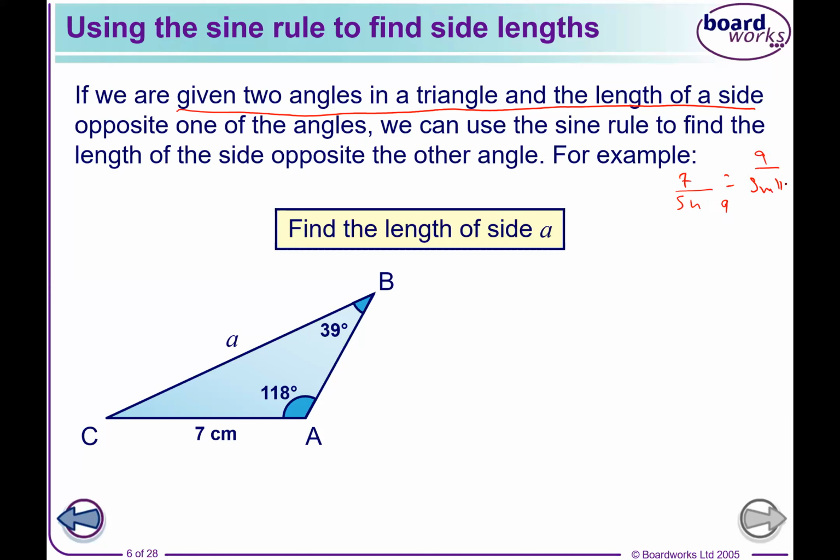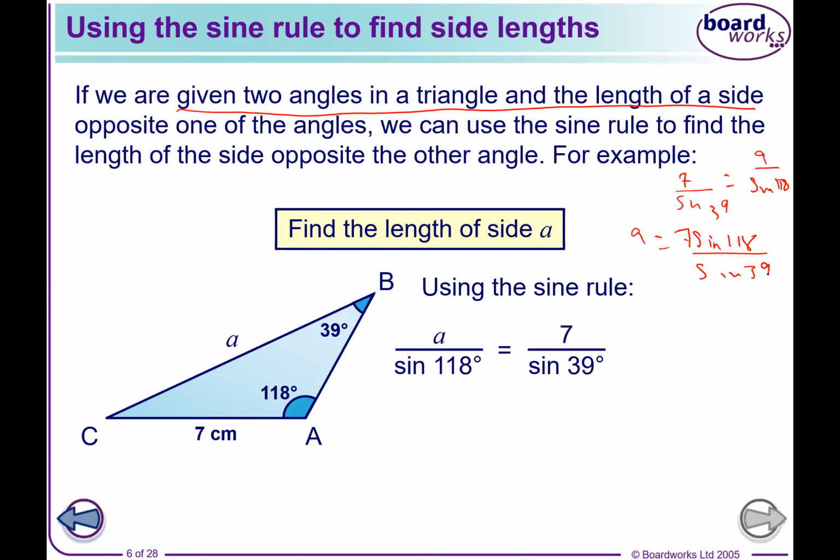So A equals 7 sine 118 over sine 39. Okay, let's check the answer.